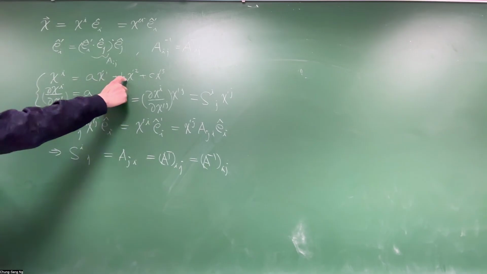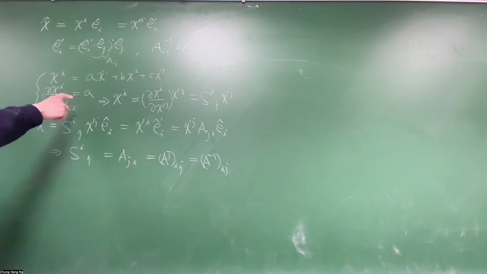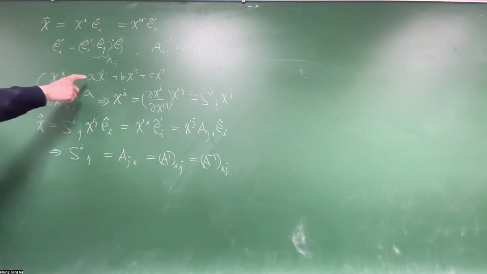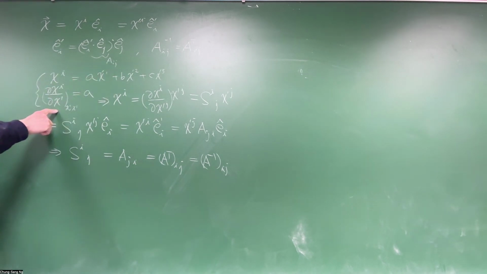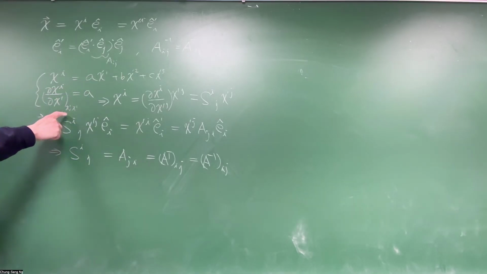You want to determine this constant, and the way to do that is just taking a partial derivative. So take the partial derivative of this one with respect to x superscript 1. That will just give you A, because partial derivative means keeping these two constant.